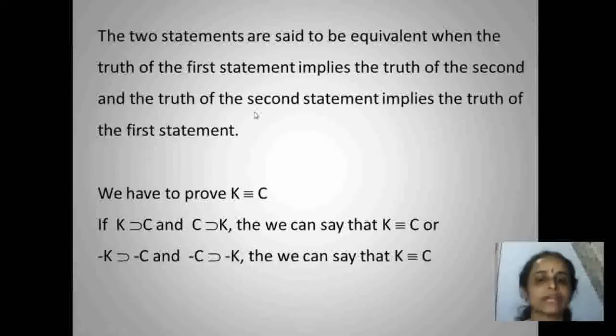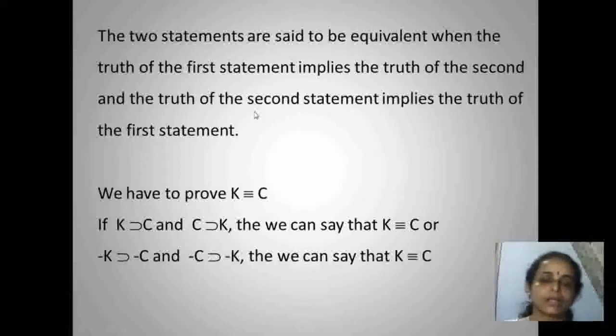That means if the Kelvin-Planck statement is false, then the Clausius statement also should be wrong. And if the Clausius statement is wrong, then the Kelvin-Planck statement should also be wrong. If one is correct, then the other should also be correct. That is the meaning of equivalency.